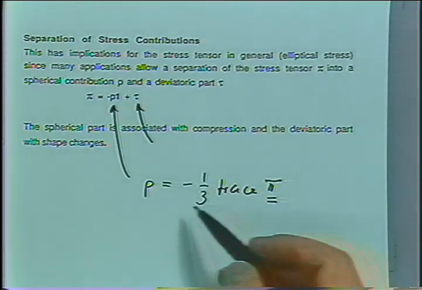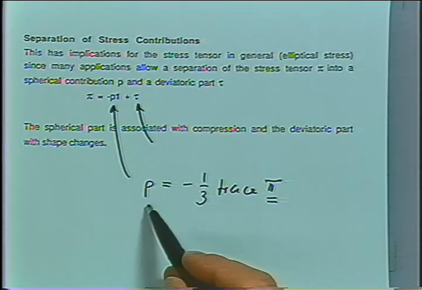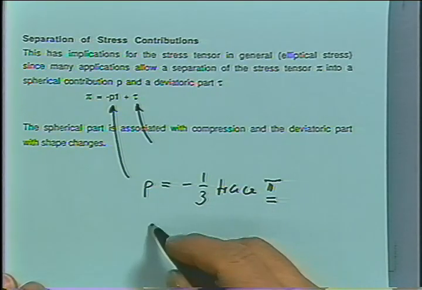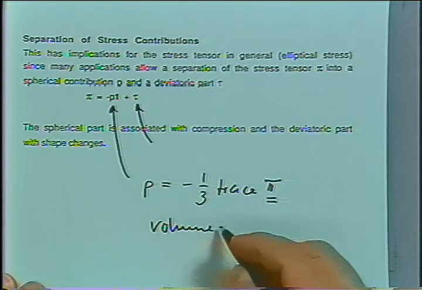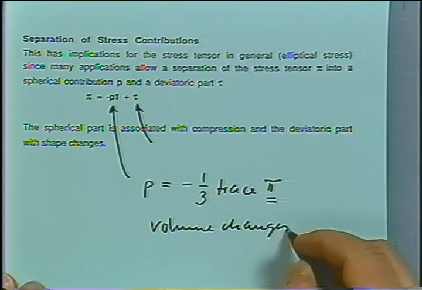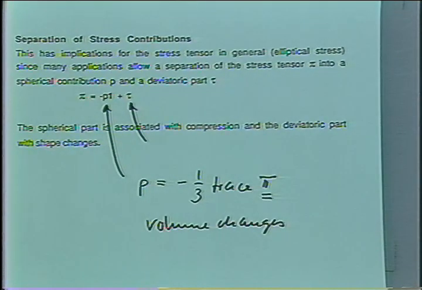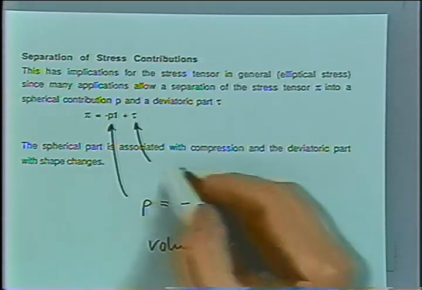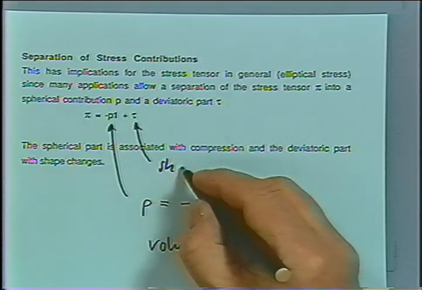Now, the pressure or the isotropic part of the stress is associated with volume changes. Meaning that a compression of our material element would just change its density, but would not change its shape. It would not distort this element, it would just make it smaller or bigger. And the asymmetry here with the deviatoric stress would be associated with shape changes.